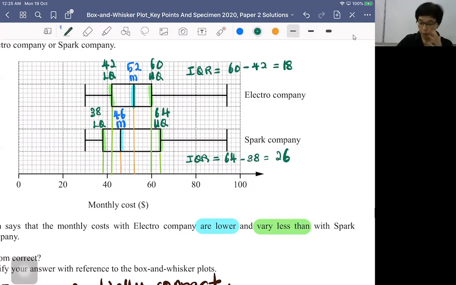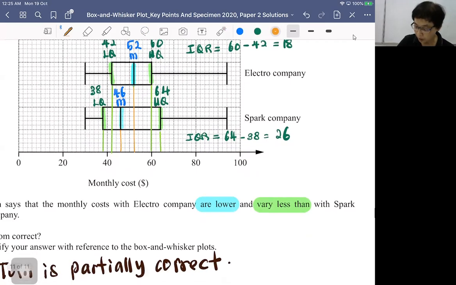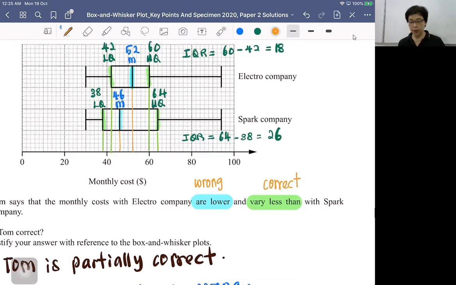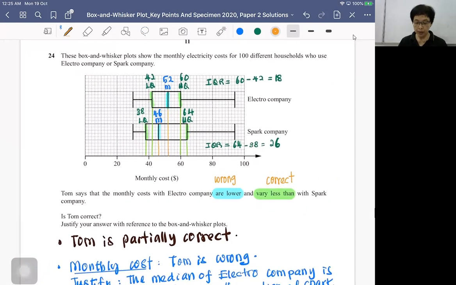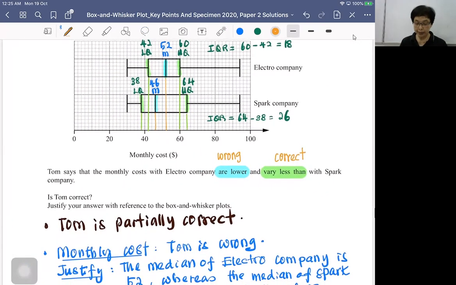Let's note that down before we put it into further writing. This is wrong. Tom was wrong. He was correct. Now you have got that in mind. Let's put it into writing.